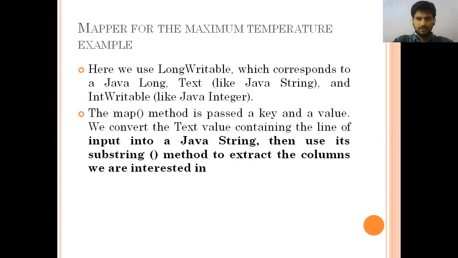So here the data set is there, and our aim is to find the maximum temperature. Sir, is that the only thing we can perform on the data set? No, not like that. The programmer can also, for example, take the total temperature in 1950 and arrange it in ascending or descending order.